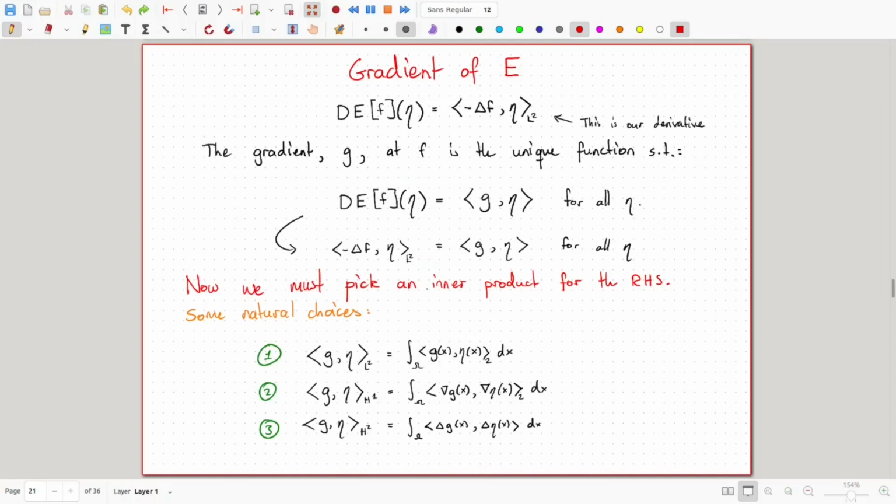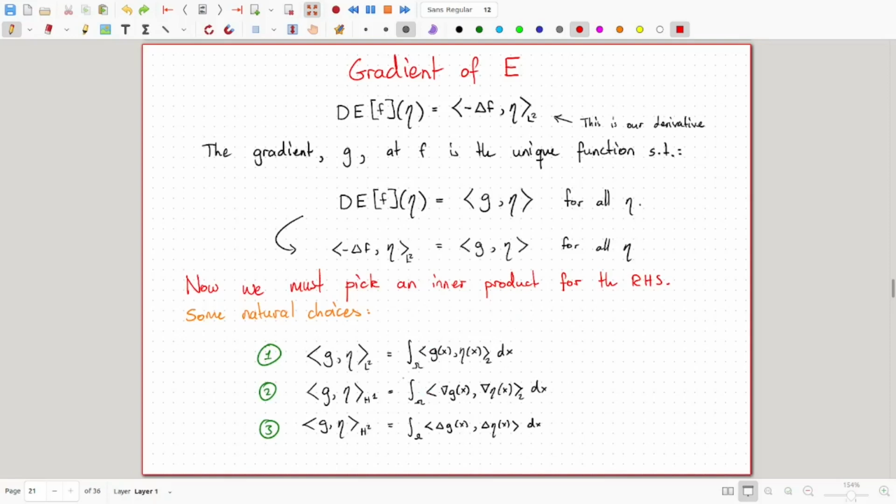Okay. So there are a few natural choices for what inner product we should use. The first one is the L2 inner product, which I introduced earlier, and that's just integrating the inner product of the functions over their domain.